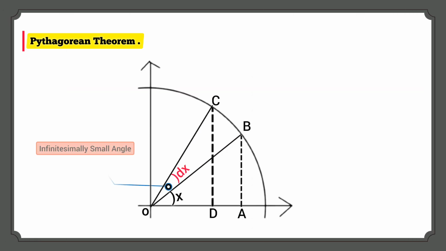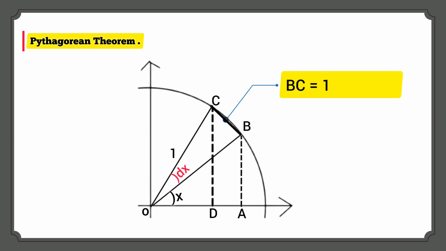As angle dx is infinitesimally small, arc BC can be considered to be a straight line. Also, the length of arc BC is equal to the radius of the circle multiplied by the angle subtended at the center. So, the radius of the circle is 1 as we are considering a unit circle, and the angle subtended at the center is dx.